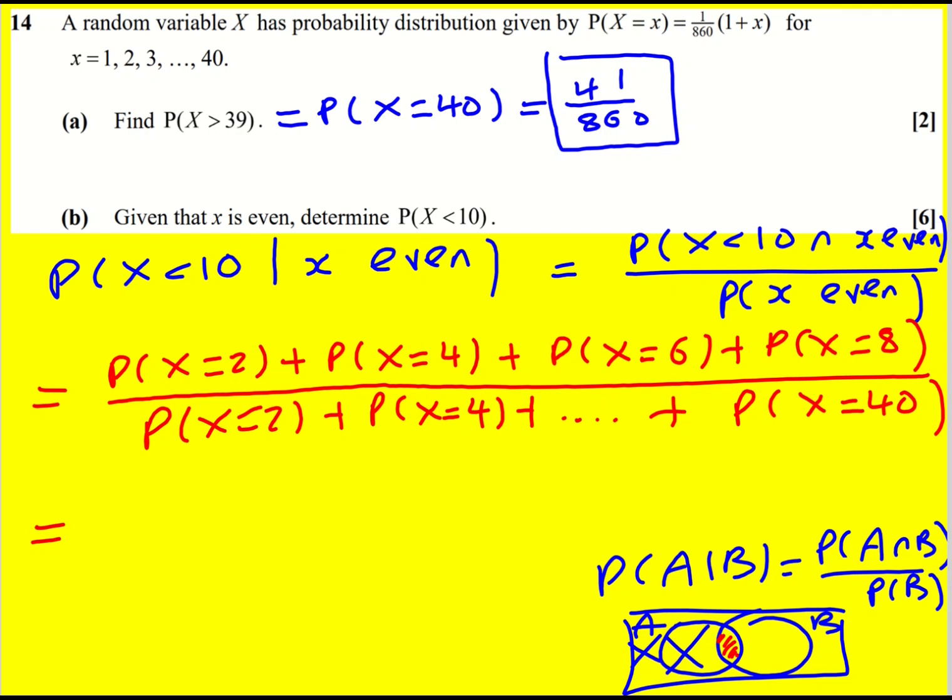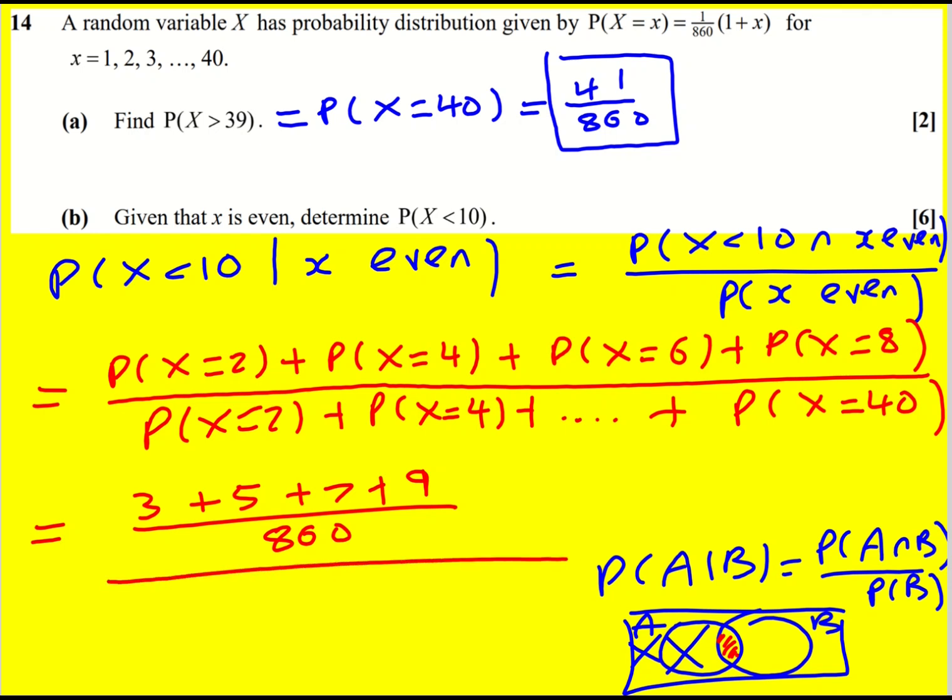So let's work this out. So the probability that x equals 2 is actually 1 over 860 times 3 when I sub it in. So 3 over 860. Then when I put in 4, I'm going to get 5 over 860. And I can just write it as 3 plus 5 plus 7 plus 9 all over 860. I've just combined it all together.